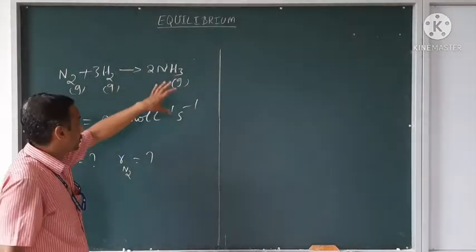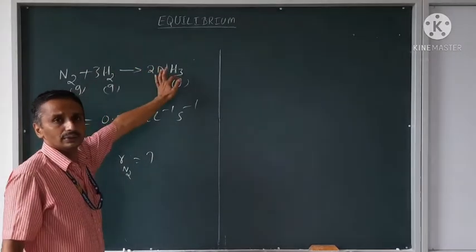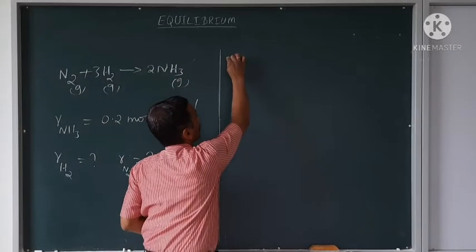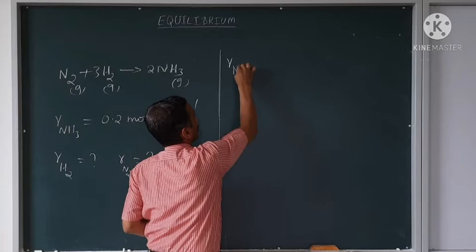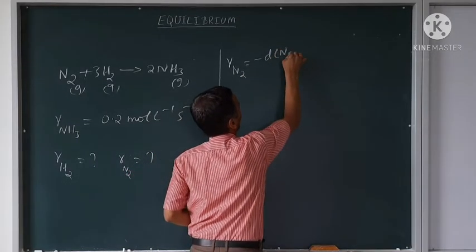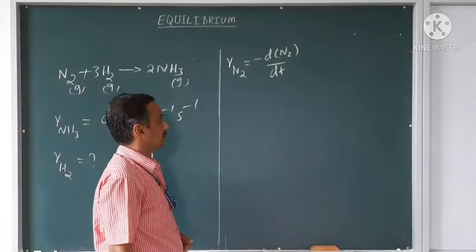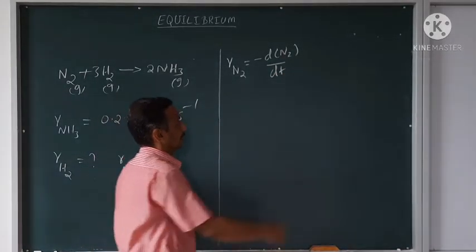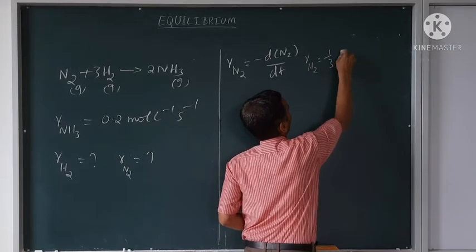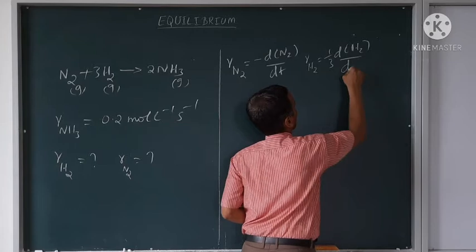What do you do? Write the rate with respect to nitrogen, hydrogen and ammonia, general equation. So what happens here? R of nitrogen is equal to minus d of N2 by dt, and R of hydrogen is equal to minus 1 by 3 d of H2 by dt.